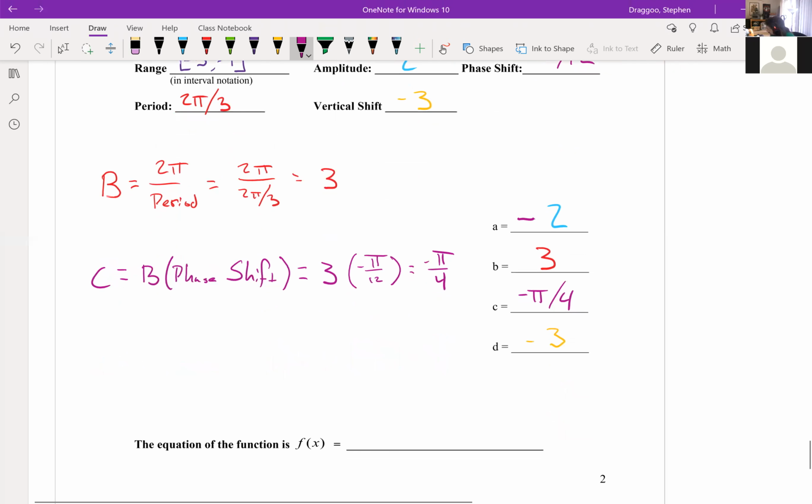So the last step is to just put all of that into a function. So -2 cosine of 3x minus a negative pi over 4, which means it ends up being plus pi over 4, minus 3.